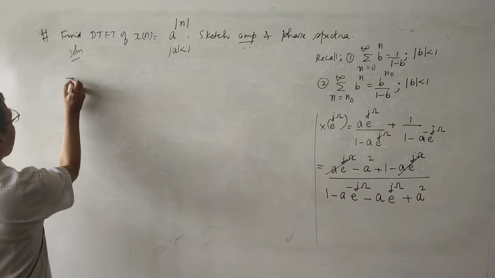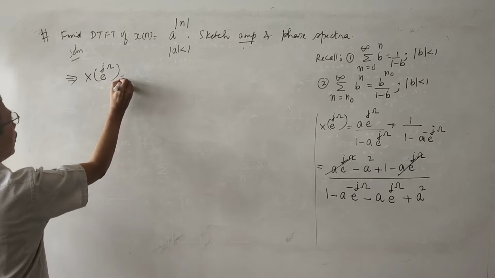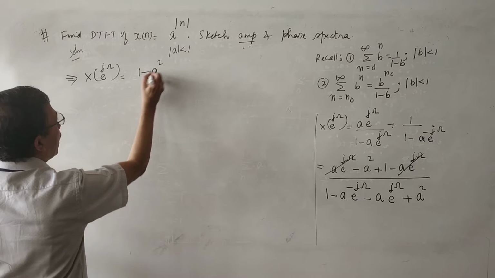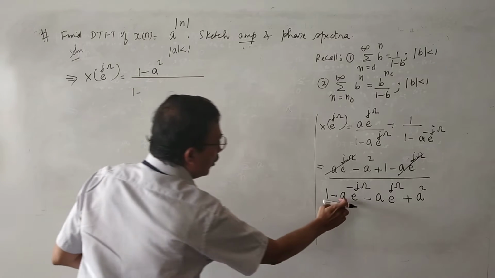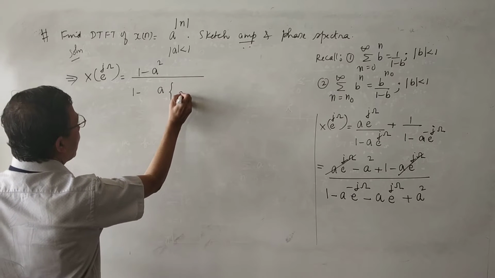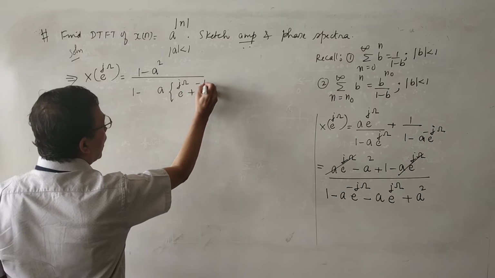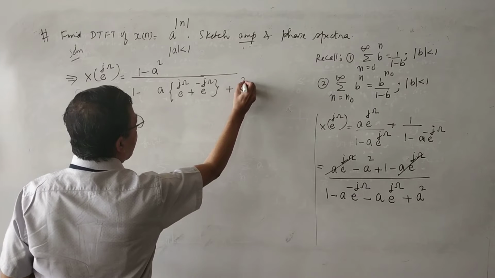This implies X of e power j omega is equal to, numerator will become 1 minus a square, denominator 1 minus. Between these two I will take a common, then we get e to the power j omega plus e to the power minus j omega plus a square.